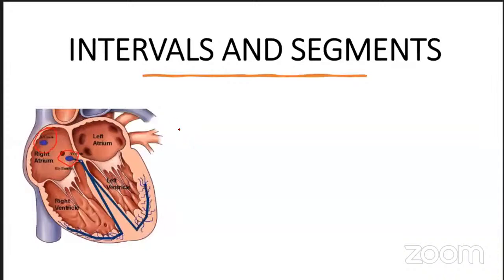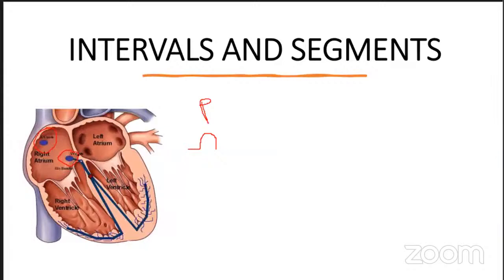So for example, when our P wave fires, the ECG is going to give you a positive deflection. I'm not going to go into why it's positive and why it's negative, but keep that at the back of your mind. So when the SA node fires, you're going to have your first positive deflection, and that's our P wave.